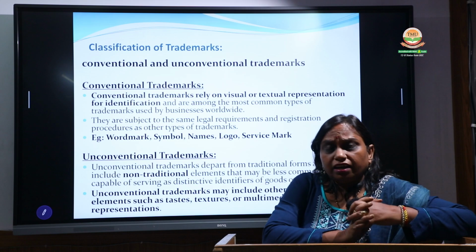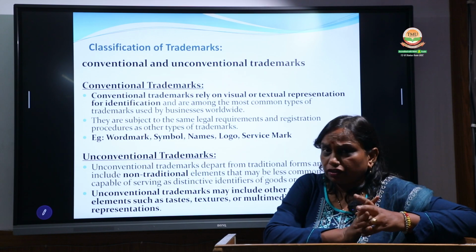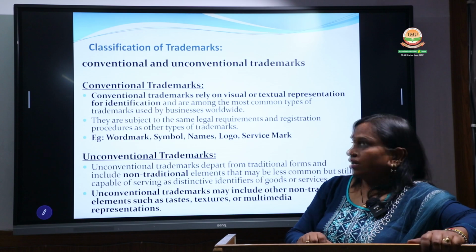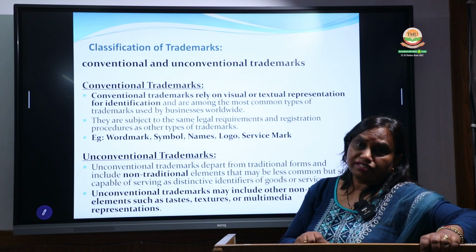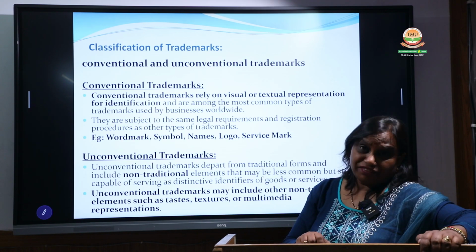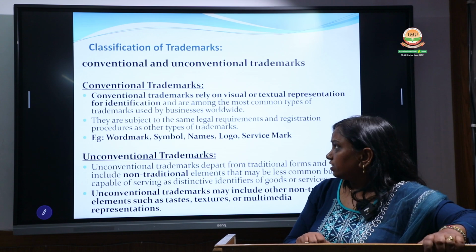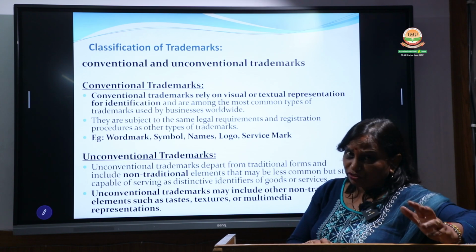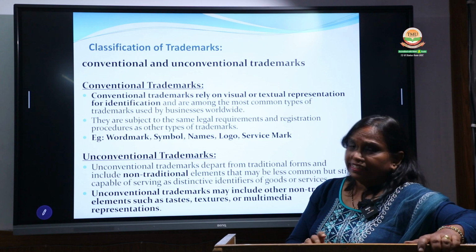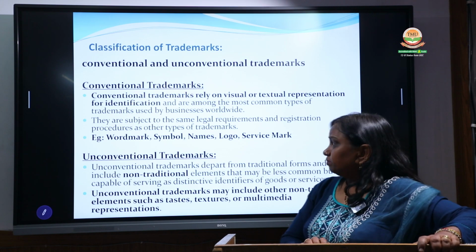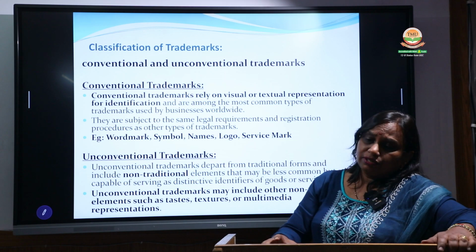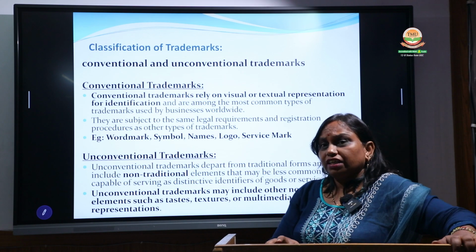So broadly, if we talk of classification of trademarks, it can be classified into two categories, conventional and unconventional trademark. So what is a conventional trademark? Conventional trademarks basically rely on textual and visual representation for identification, and these are mostly very common among the people and are used worldwide.